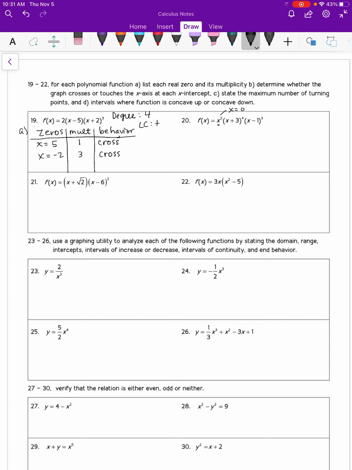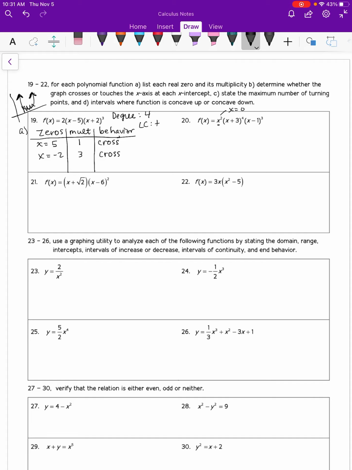Since the degree is even, its end behavior is going to be the same as the end behavior for an x squared function. So something different will be somewhere different here, but the end behavior will be the same, positive infinity on both sides, okay?